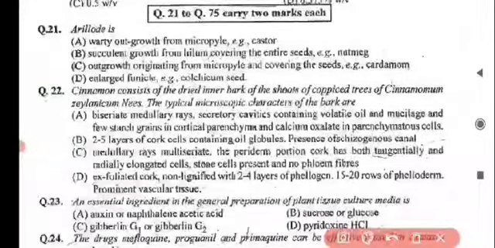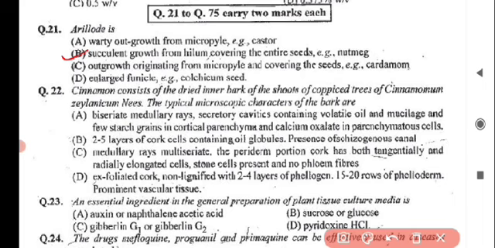Now the next question is, aril or mace is a succulent growth from the hilum covering the entire seeds, that is nutmeg. So option B is correct.